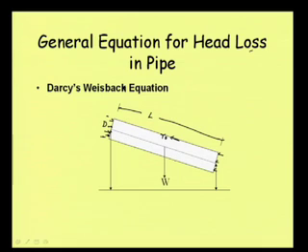The liquid is flowing, so the velocity here is V1 and the velocity at this point is V2. As we discussed earlier, if the diameter of the pipe is not changing, it is a uniform cross section, then V1 and V2 will remain the same. We refer to this point as 1 and this as 2.